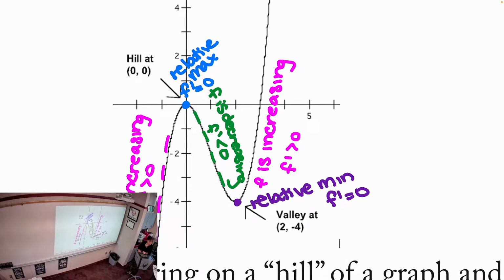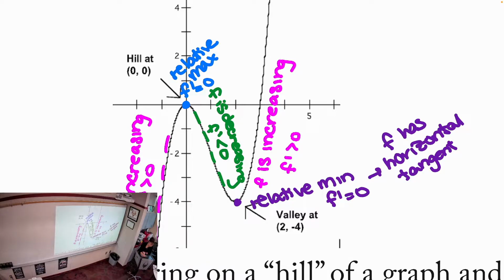F prime being equal to 0 means that at both of these points you have a horizontal tangent. So it's kind of connecting things together.